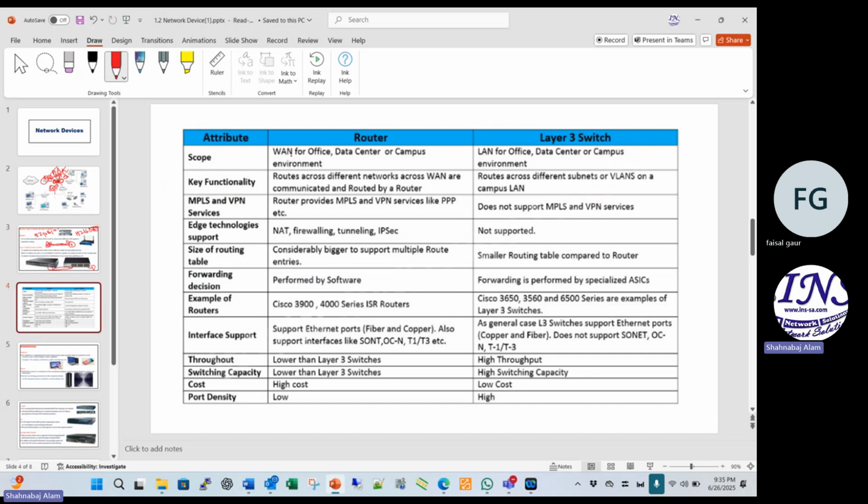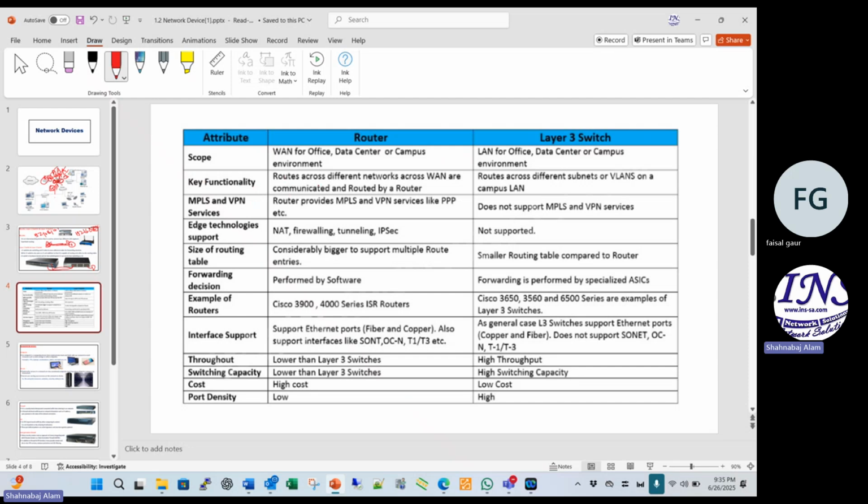We can use routers for the WAN, wide area network, for office and data center. In the campus environment, we can use the layer 3 switch for the local area network, office, and data center.